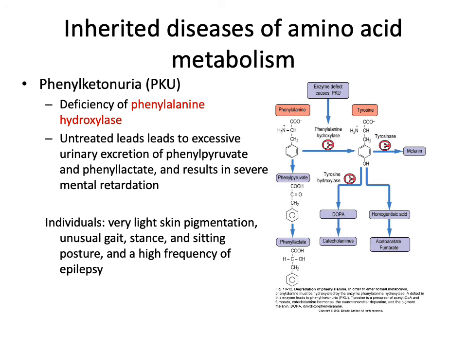Okay, so the aromatic amino acids are involved in production of a number of different molecules, some of them shown here, and there are some defects in just about all these pathways that lead to different issues.